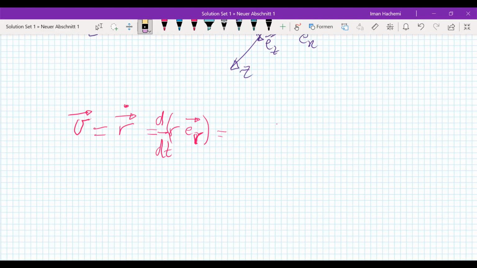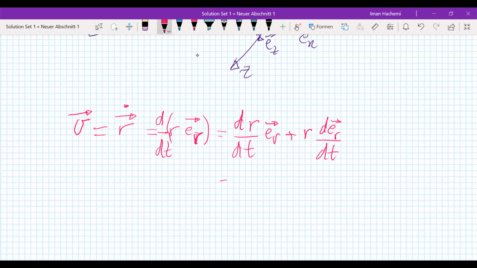As eR here is time dependent as well as R, then we can say that it's dR over dt multiplied by eR plus R times deR divided by dt.